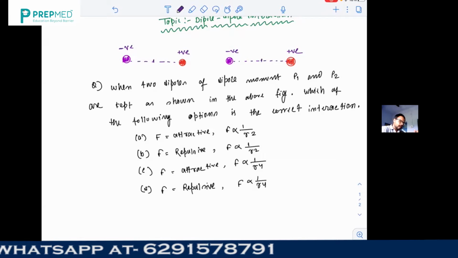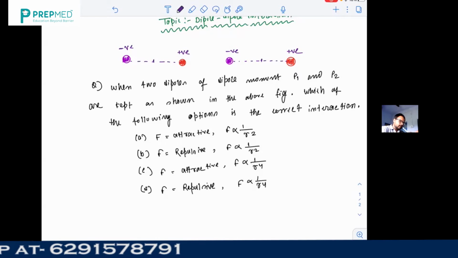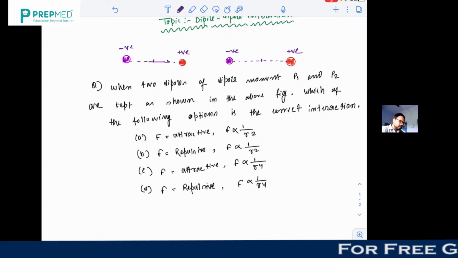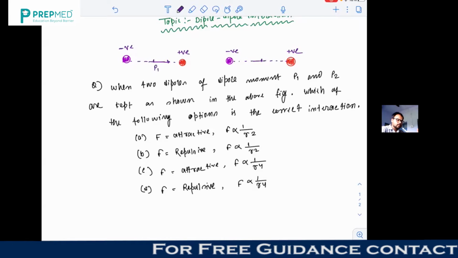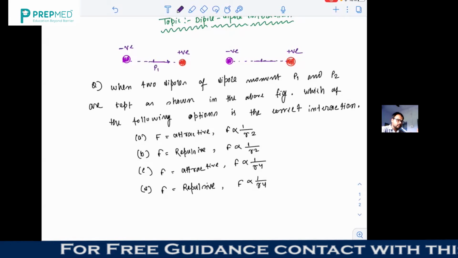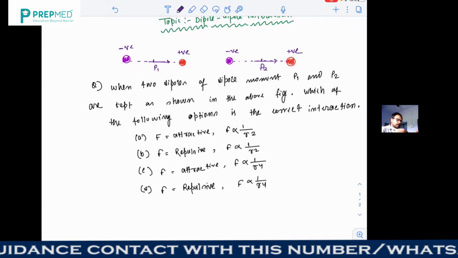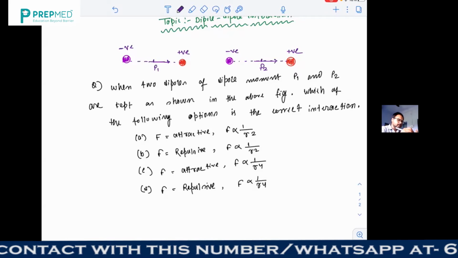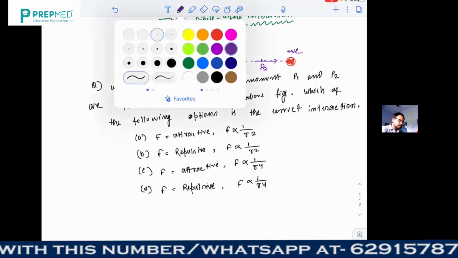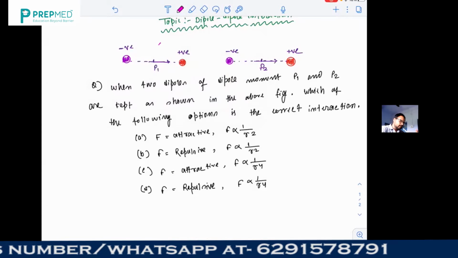Say any dipole like HCl having permanent dipole moment. Say this dipole moment is P1 directed from the negative to the positive charge. Here the dipole moment is P2. And the center to center separation between these two dipoles, say, is R.